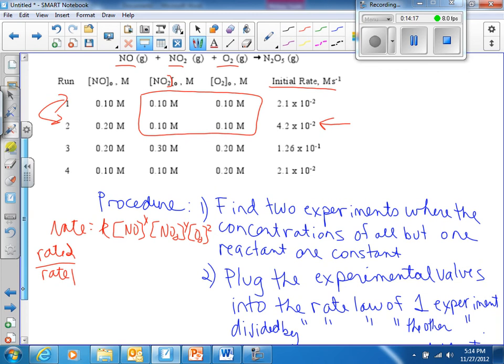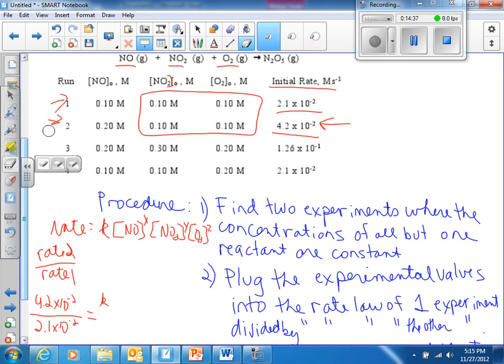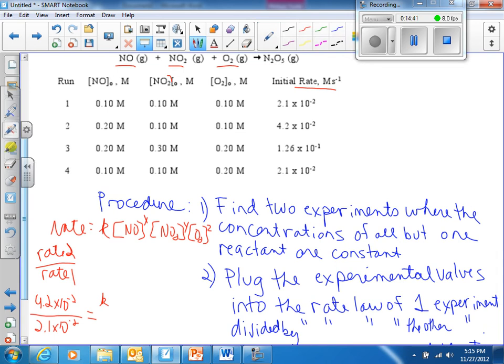So we need to do rate 2. Rate 2 is right here: 4.2 times 10 to the minus 2 over rate 1, 2.1 times 10 to the minus 2. That was right here. Now I'll plug in k, and I have to put in my concentrations. So I'm looking at experiment 2, and I need the concentration of NO. Where's NO? In experiment 2, right here, 0.20 molar.